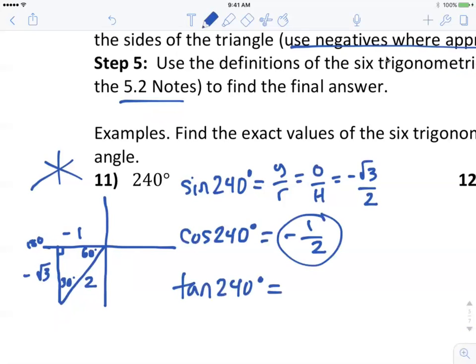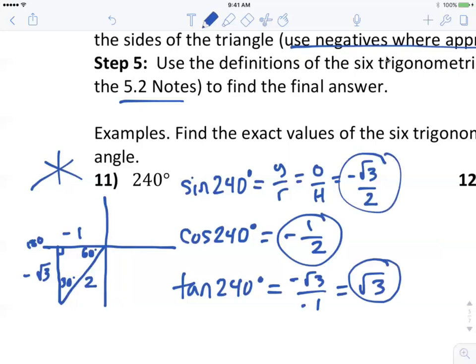It's the same 2 numbers. Opposite is negative √3. Adjacent is negative 1. So negative √3 over negative 1. The negatives cancel. You don't need the 1 because it's in the denominator. There's your final answer.